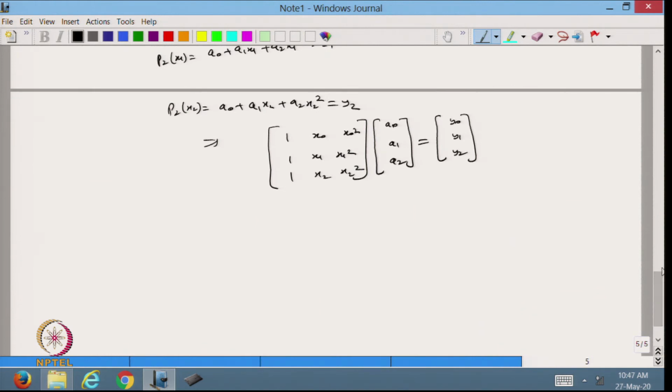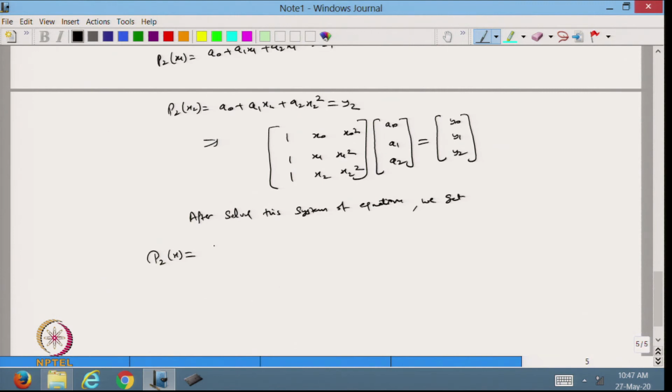And now if we solve this system of equations, the same way we can solve, we get, and now from here I can write my P2(x) directly.